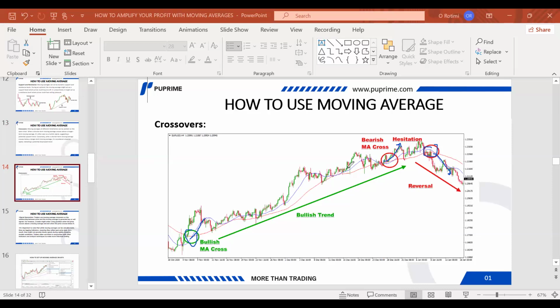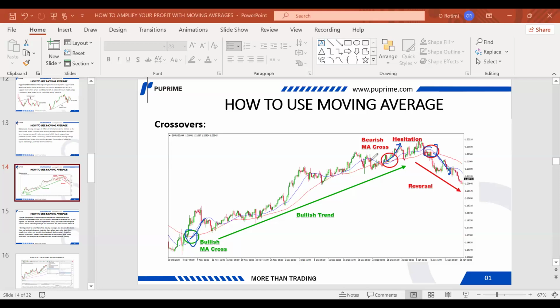So when you have a moving average crossover, it's one of the powerful signal generating tools used in forex trading. You have two moving averages of different periods. The one with the shorter period is called the fast moving average, and the one with the longer period is called the slow moving average.